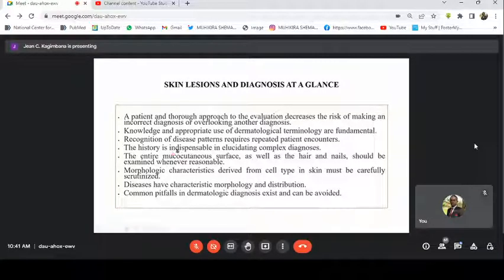Now, the history is indispensable in a complex diagnosis. Of course, each skin condition has its primary lesion in all dermatological conditions.